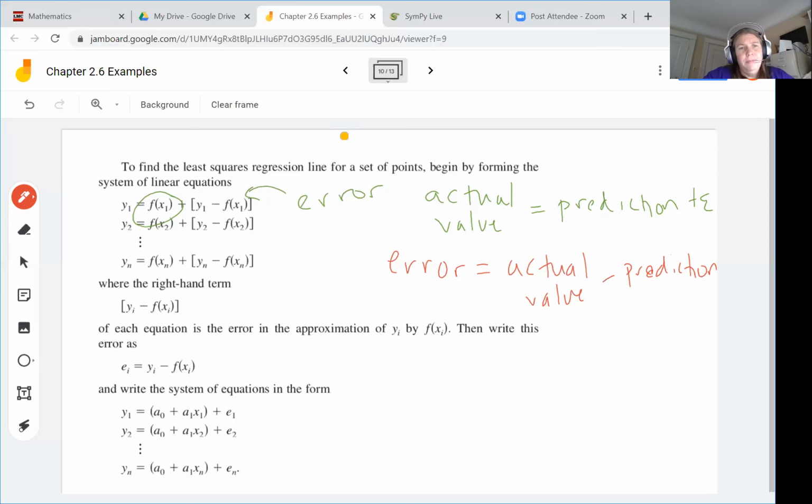All right, so this right-hand term, whatever the y value is minus the corresponding prediction of each equation, is the error in the approximation, where we're trying to approximate the actual value yi by the predicted value, the function evaluated at xi.